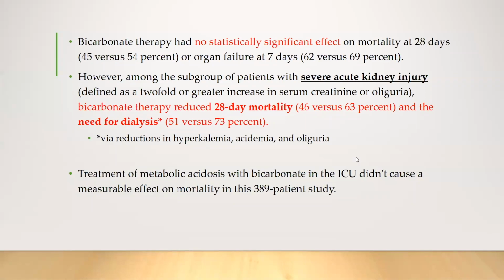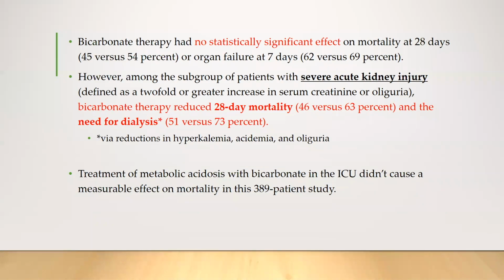This trial does not conclusively say that it's better to give or not to give. But for those who are using bicarb, perhaps it comes as a reassurance that it is not causing more harm. And for those who do not routinely want to use bicarb, there is no evidence to suggest that you are doing something wrong. So more studies are really needed to establish this.